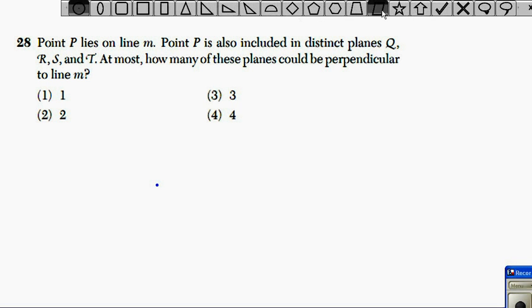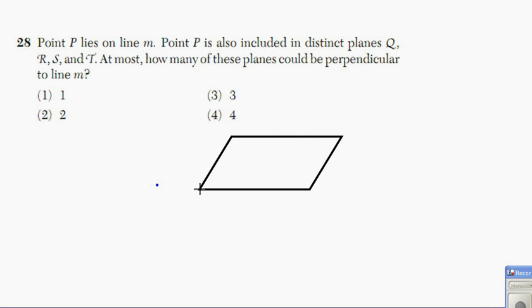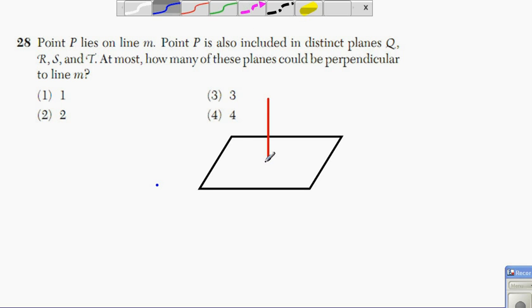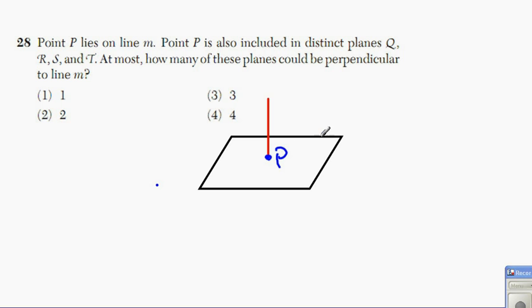In fact, once you have a plane and a particular point, and let's call this one P, the question is, at most, how many of these planes could be perpendicular to line M?